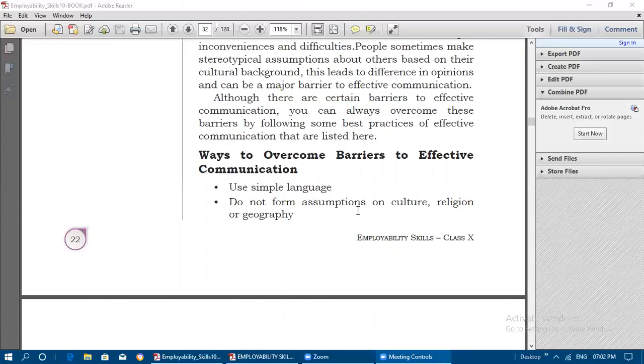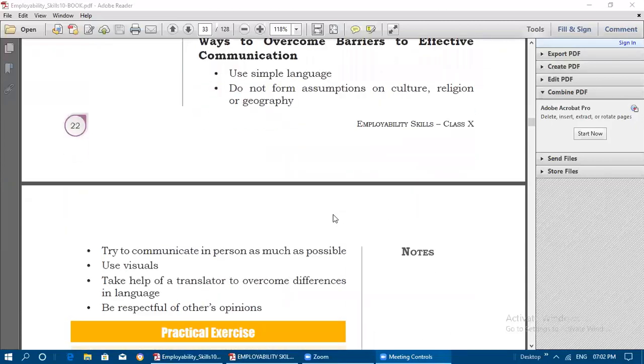You should not make assumptions on your own about anyone's culture, religion, or geography when you are speaking or conveying information. Try to communicate in person as much as possible. You should not just write something or post messages.